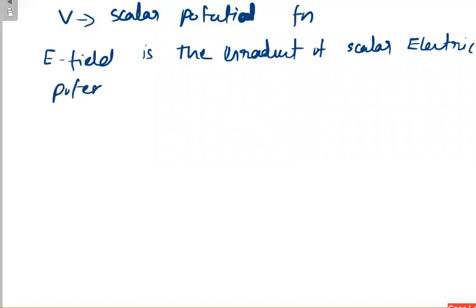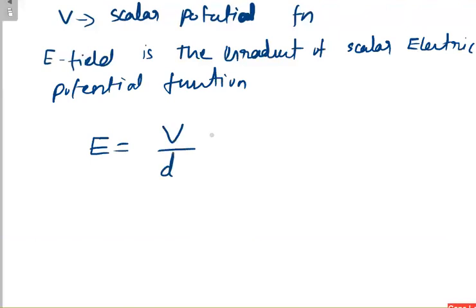They are just making a relation between the electric field and voltage. From your previous experience, you know what electric field is: voltage divided by distance. The unit is volt per meter.